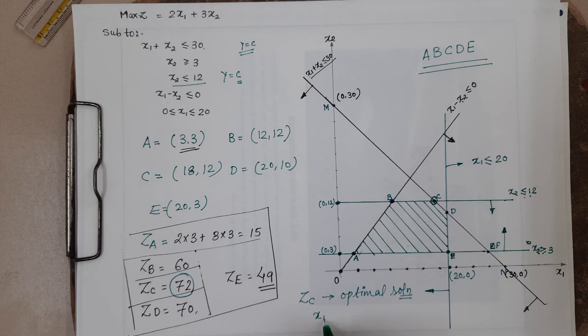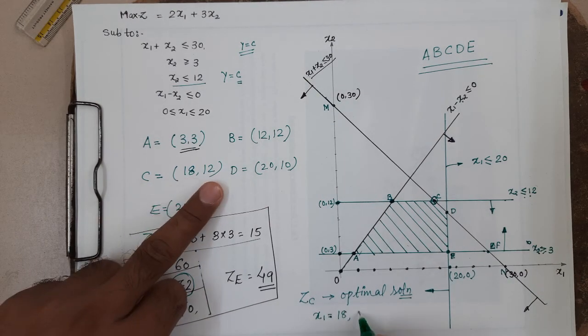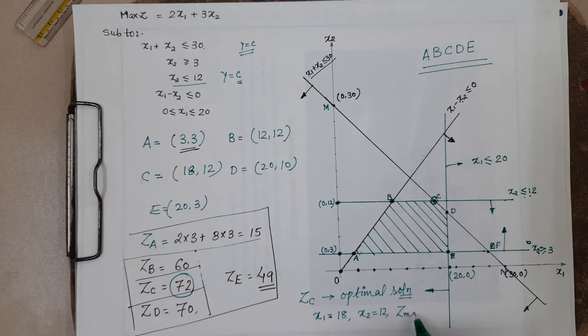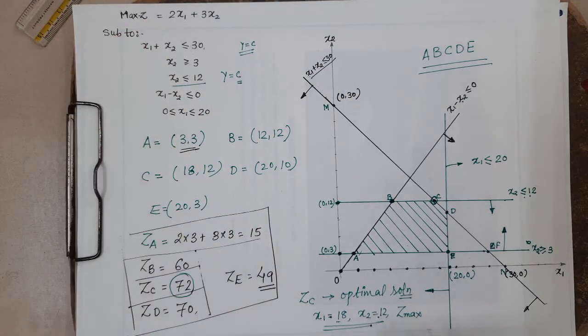So x1 is 18, x2 is equal to 12, and for these values this Z is maximum. For these x1 and x2, this value is maximum, and that is 72. So this is our final answer.